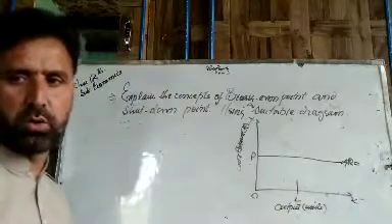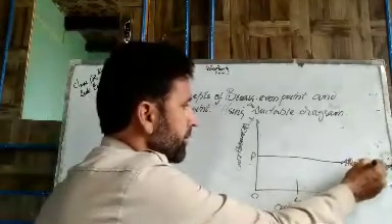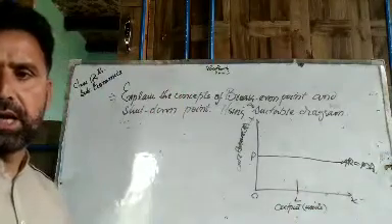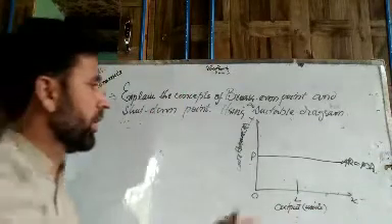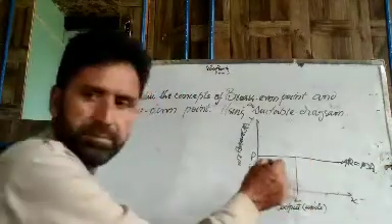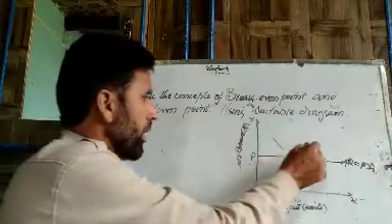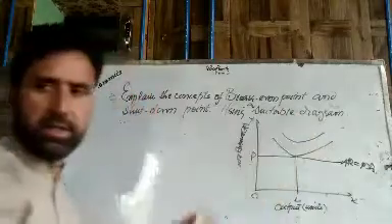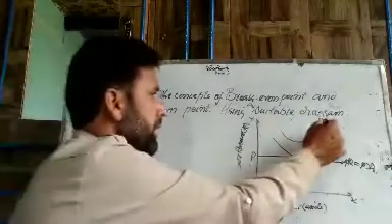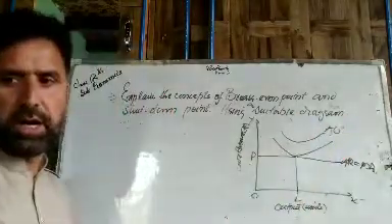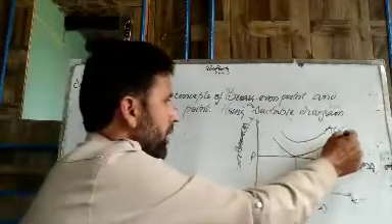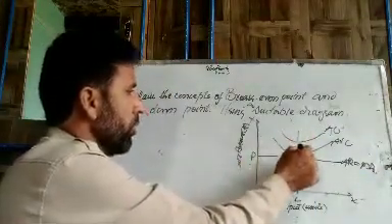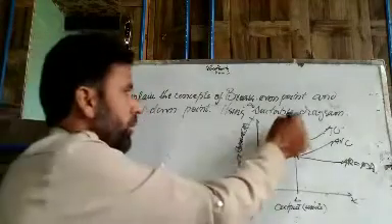AR is equal to MR. What is the shutdown point? One curve is this, and the other curve is this. This is AC, average cost, and this is average variable cost. And this is the point Q, which is called the shutdown point.